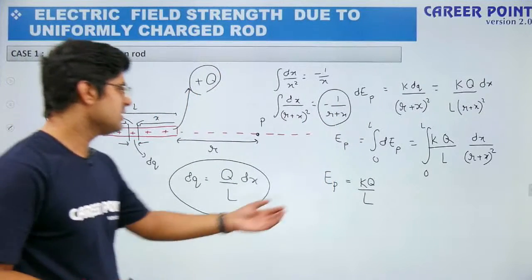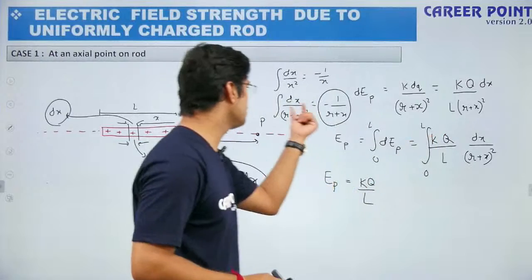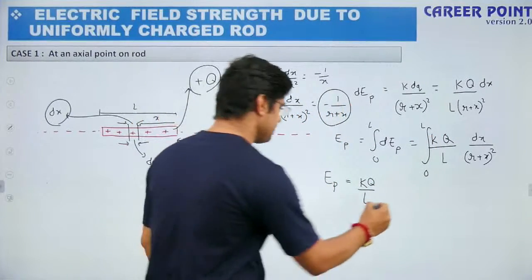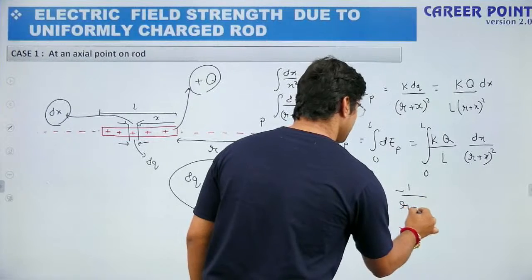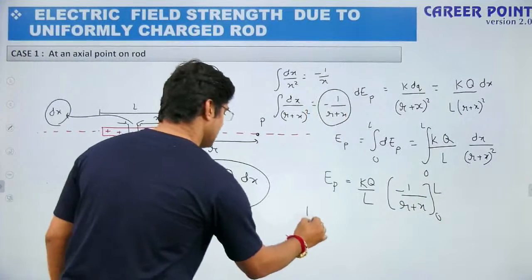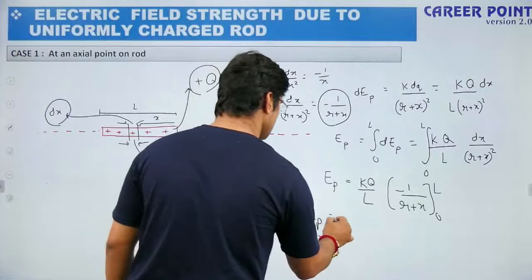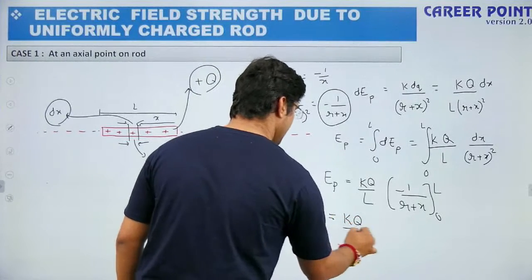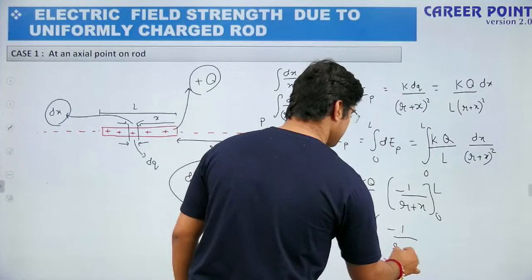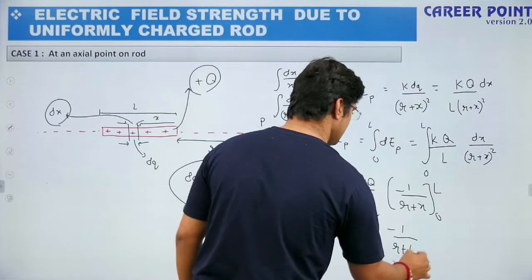So I am replacing the integration of dx upon (r plus x) whole square by minus 1 upon (r plus x). So this gives me minus 1 upon (r plus x), lower limit is 0, upper limit is L. So electric field at point P is equals to kq by L, minus 1 upon (r plus L) plus 1 upon r.